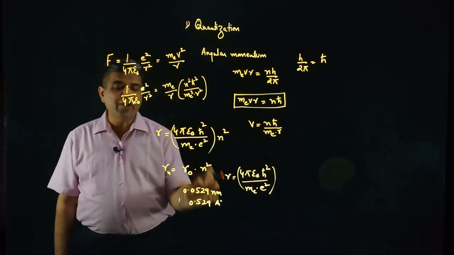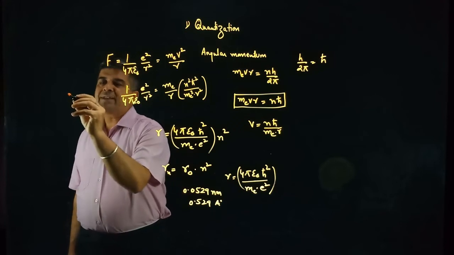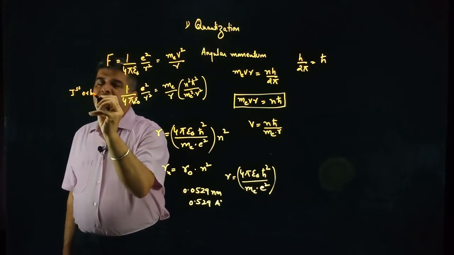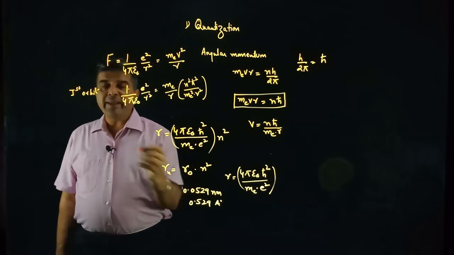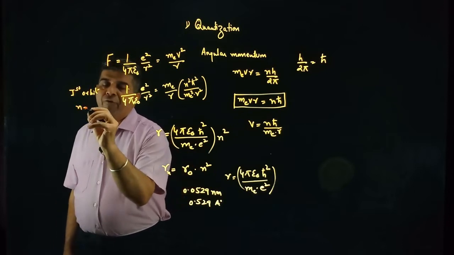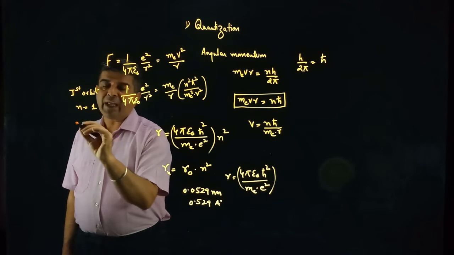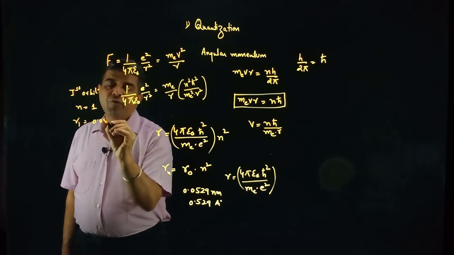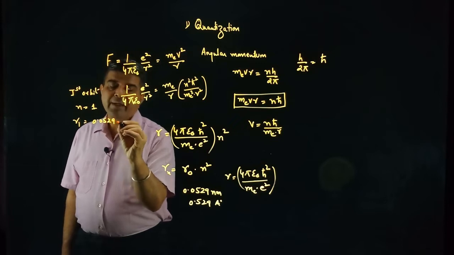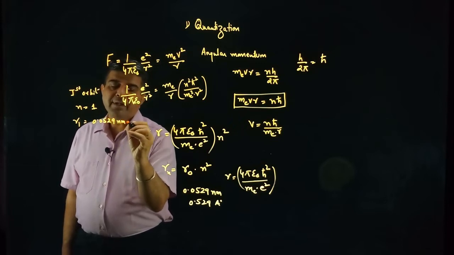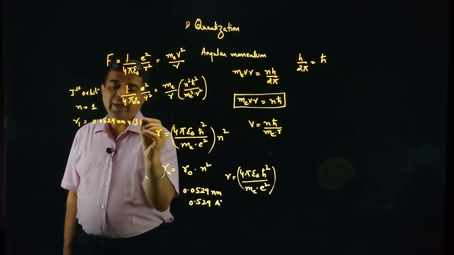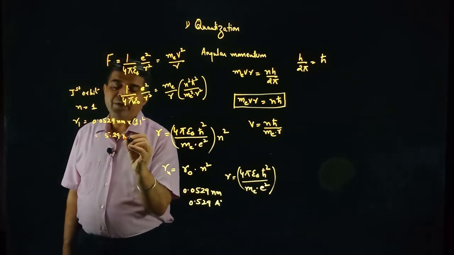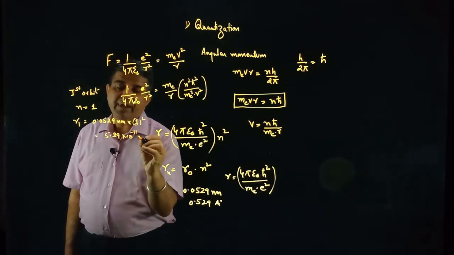So for any nth orbit we can calculate. If it is the first orbit, then the value of n would be equal to 1. So we can calculate r1 would be 0.0529 nanometers into 1 square. So it would be 5.29 into 10 raised to power minus 11 meters.